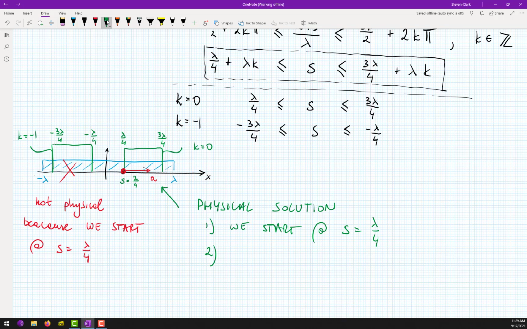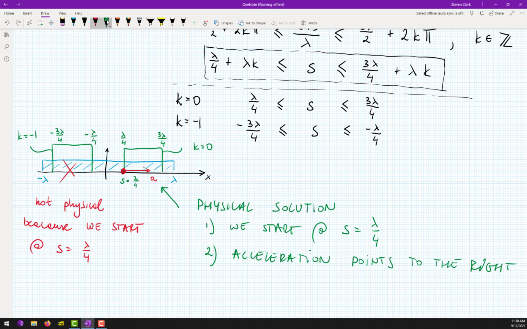So the second reason is that acceleration points to the right. If they told us that acceleration points to the left at the beginning, that would not be a physical solution as well. But we know that we're gonna start at s equals lambda divided by 4, and we are going to move inside the region. That's why this is our solution.